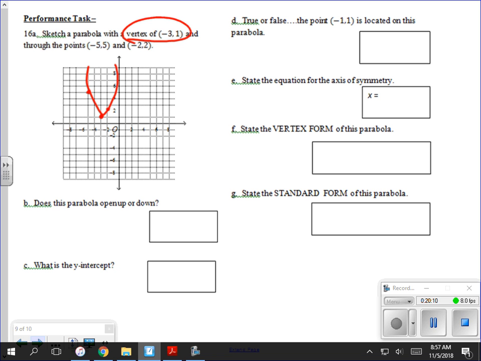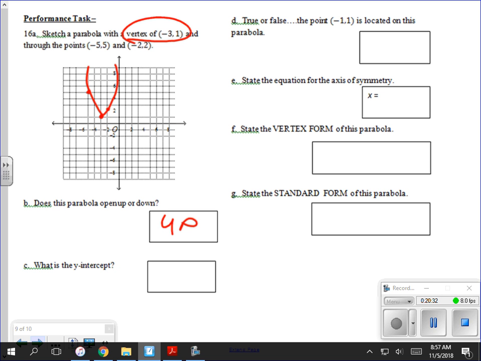Does this graph open up or down? It opens up. Come on, people, really. This is an easy one. Plot the 3 points. The vertex is either at the very top or the bottom. The other 2 points are above it, so the vertex has to be the lowest. It opens up.